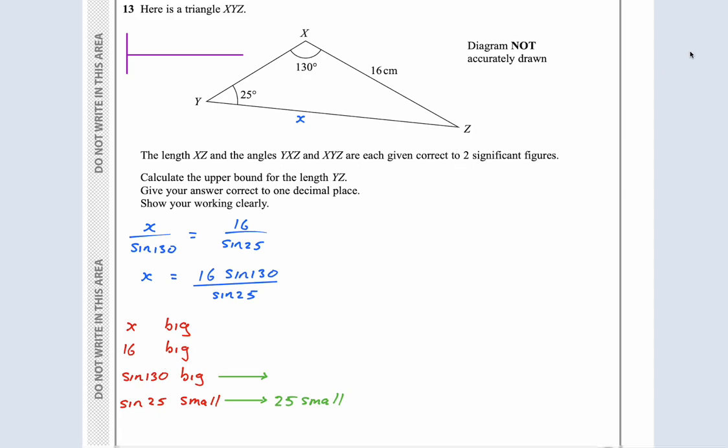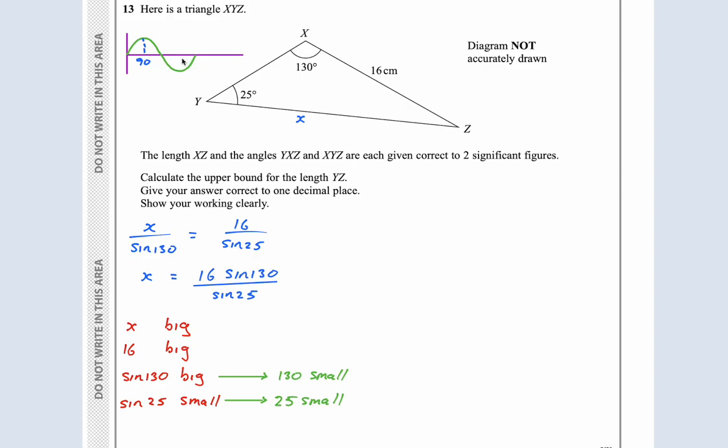I actually want to make 130 small. And the reason is because of the graph of sine, which looks something like this. When it passes 90, this value here is 90, once you get past 90, the bigger the angle, the smaller the sine of the angle, and the smaller the angle, the bigger the sine of the angle. Now I'm well aware that's confusing, guys, but the bottom line is I need to make 130 small.